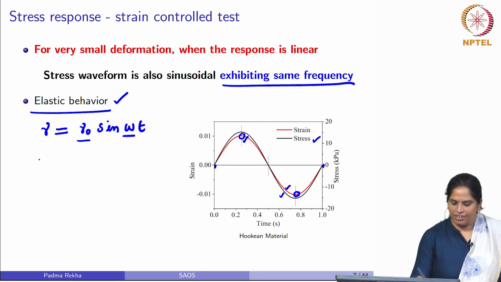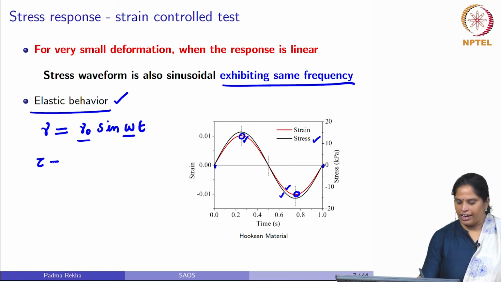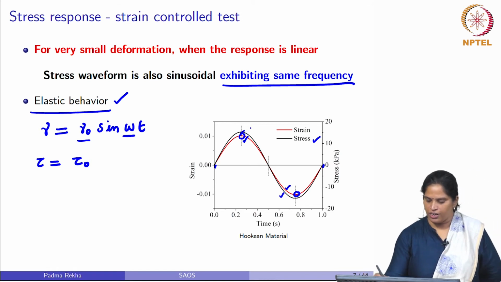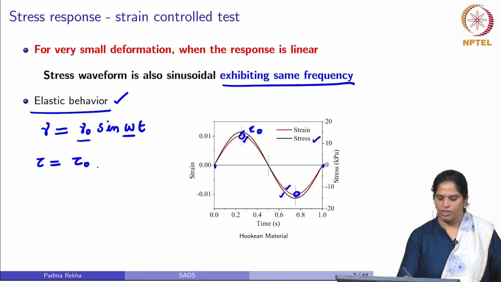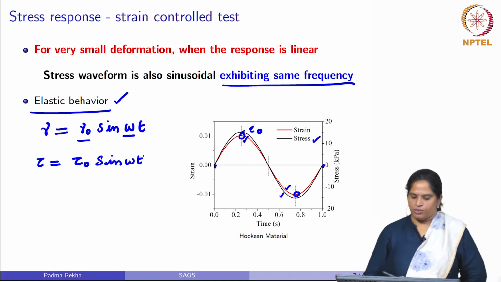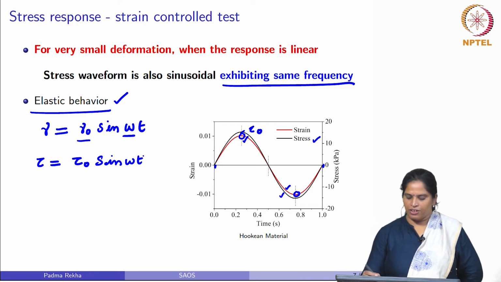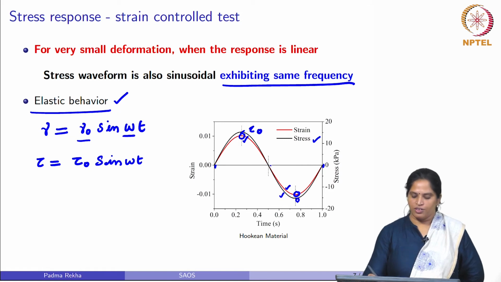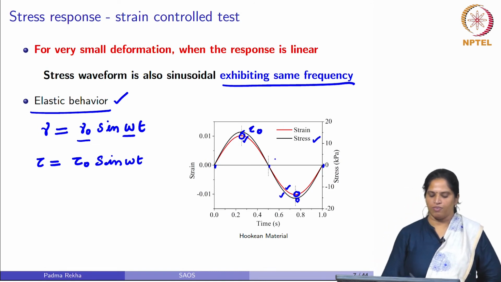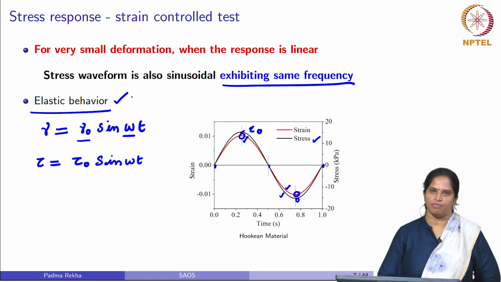So, you can write the stress waveform for the elastic response with a peak value of stress, which we call the stress amplitude tau naught, into sin omega t. The point to note here is that the peak stress and the peak strain occur at the same instant of time. Zero stress and zero strain occur at the same instant of time. So, there is no time lag between stress and strain when the material exhibits an elastic behavior.